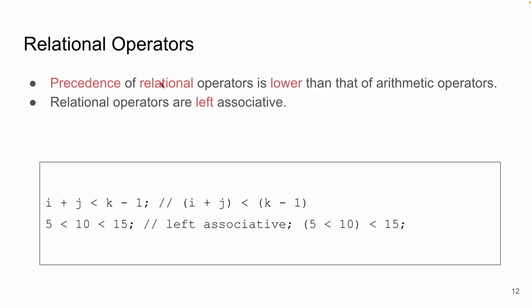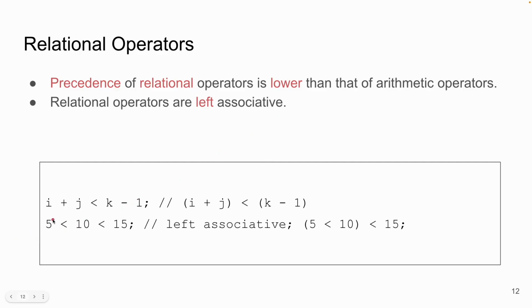Whenever we talk about operators, we need to know their precedence compared to other operators. The precedence of relational operators is lower than the precedence of arithmetic operators, and relational operators are also left associative.